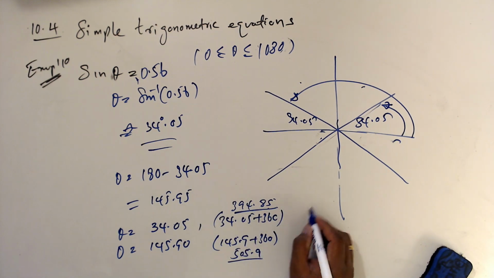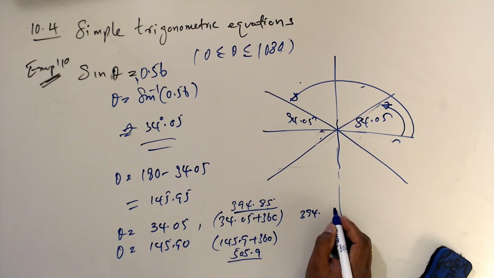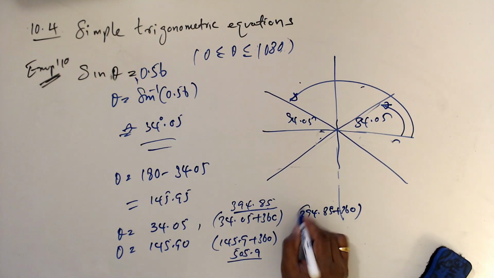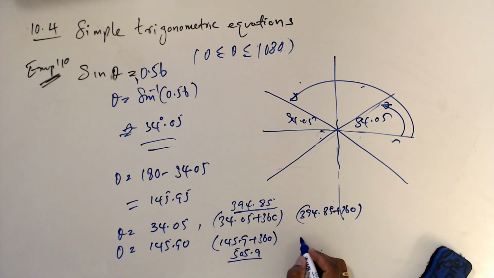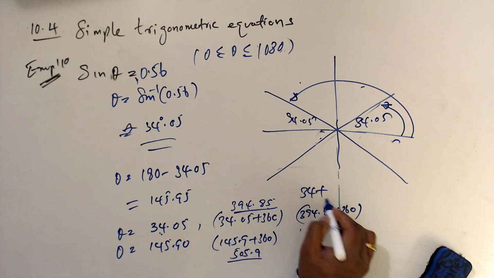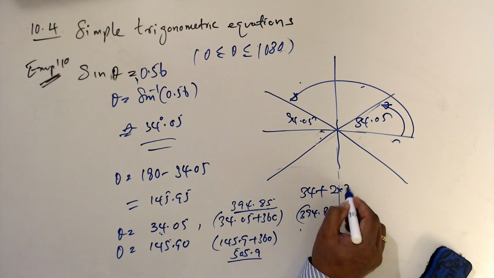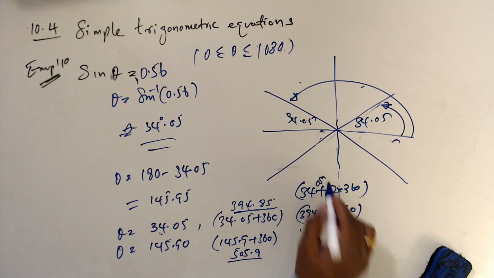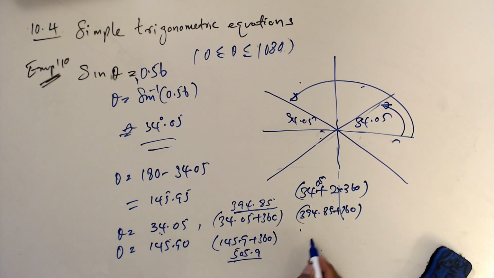You want to add 2 times 360, which is 720, to these values. For 34.05, add 720, and for 144.95, add 720 as well.